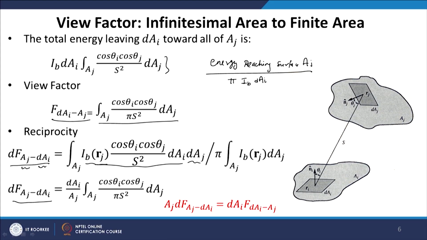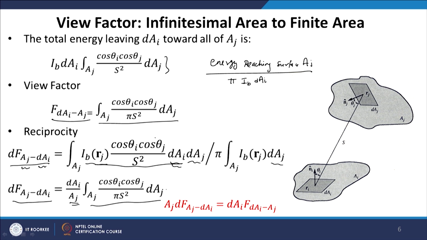Then, for the view factor, dAi is constant over Aj, it is not changing, so we can take it out, and this quantity becomes pi times Ib, and the Aj comes in the denominator. So, we get dF Aj to dAi, that is the view factor from the entire surface Aj to small element dAi, is equal to the area of small element dAi, which we have taken out from this integral, divided by Aj, integrated over cos theta i cos theta j upon pi s square dAj.